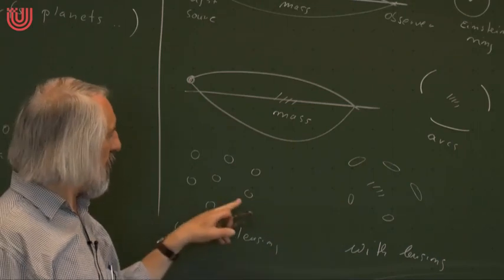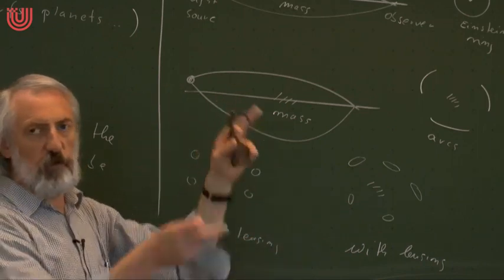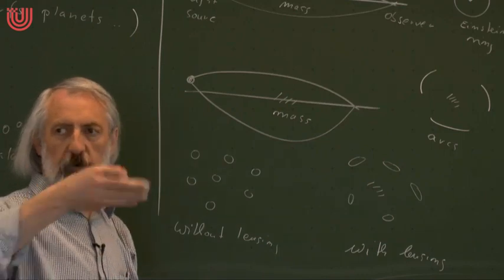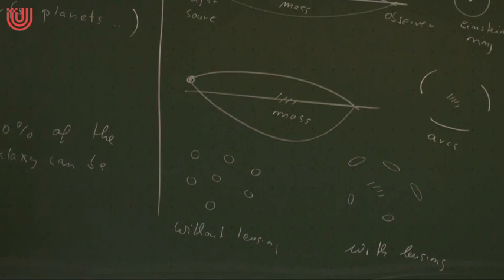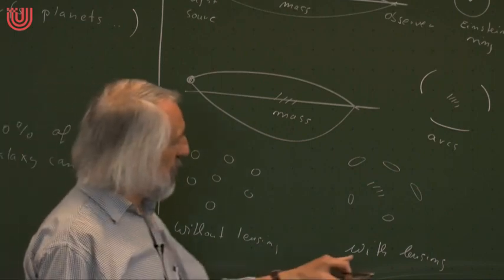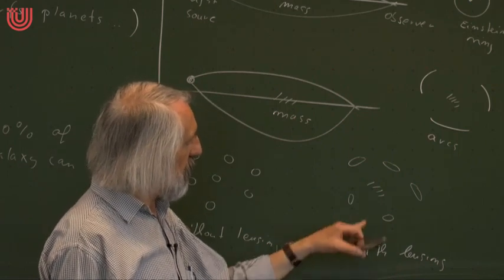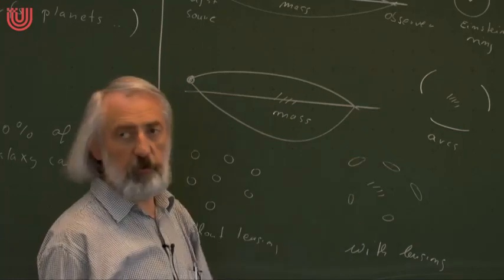The galaxies are elliptical, all right, but the distribution of the axis is purely random. There's no preferred direction. So for a purely random distribution of the background galaxies, we can still deduce with statistical methods the mass which lies between us and these background sources just from observing the shape.